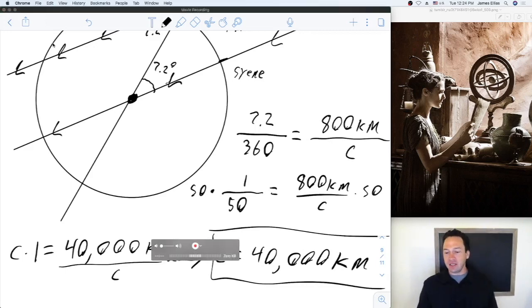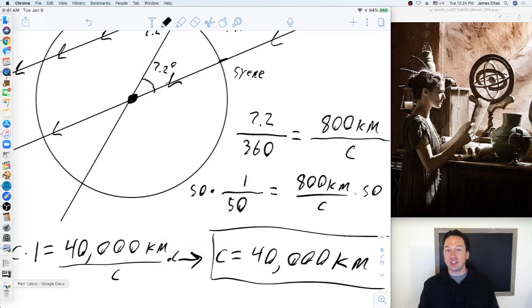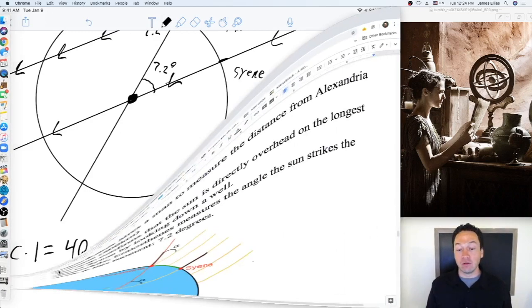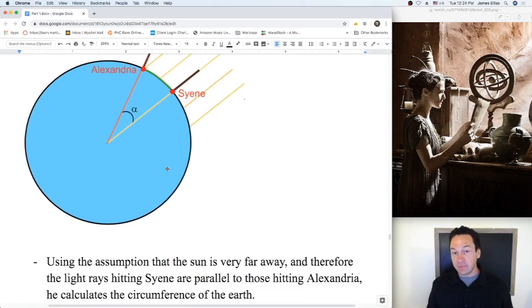So again, you can see how each step leading to each other step vastly magnifies our ability to learn more. And our ability to learn more, of course, magnifies our power to act in this world. Eratosthenes now knows the size of the entire Earth. Now, unfortunately, by the way, this number was lost to history at first. So Columbus didn't know this number.